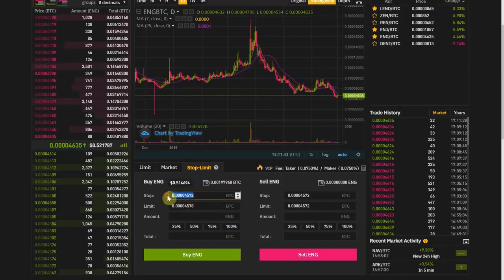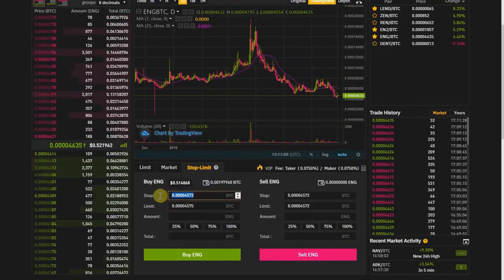So if the price ever reaches this, I want a limit order to be placed at this price, or this price to be more, to lose less.